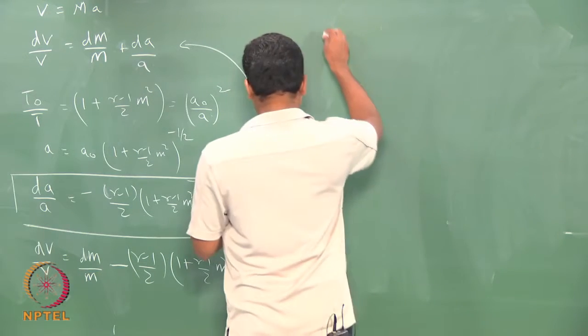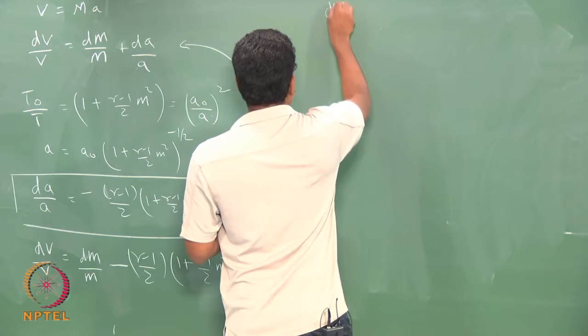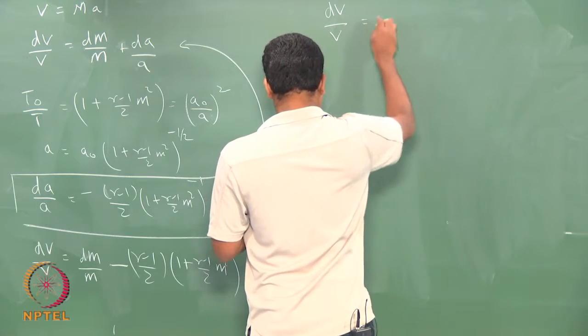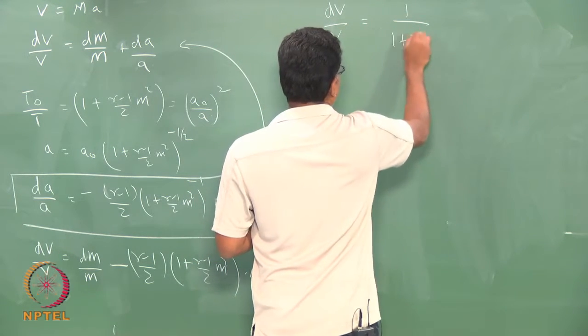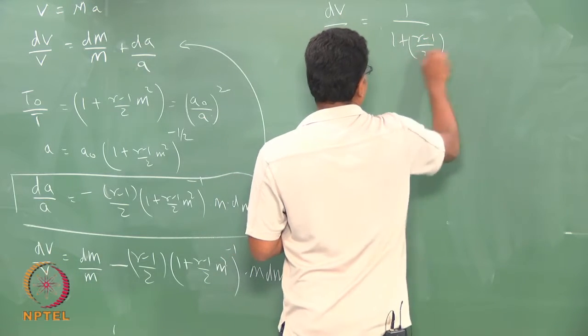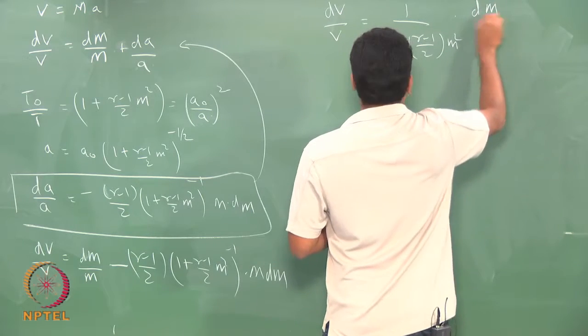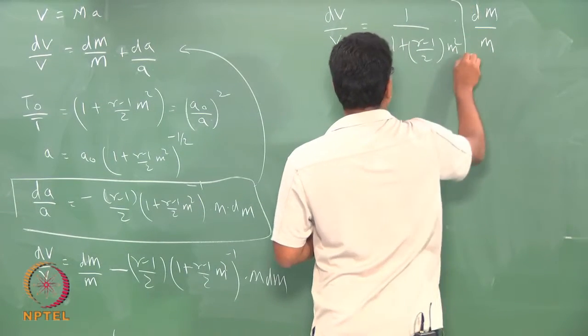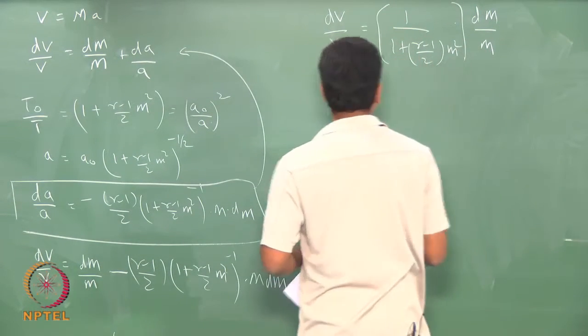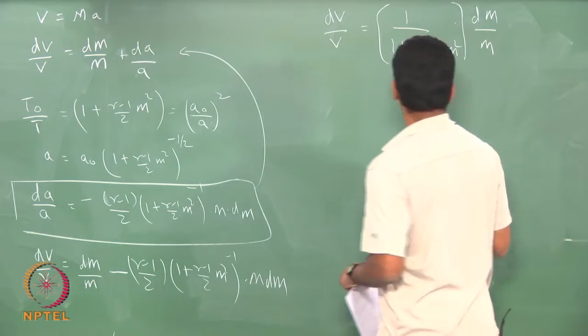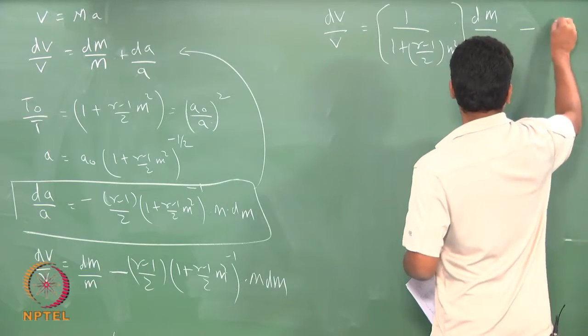After some algebra, I can get dV by V to be 1 over 1 plus gamma minus 1 by 2 M square into dM by M. Okay. So, this is my equation 2.